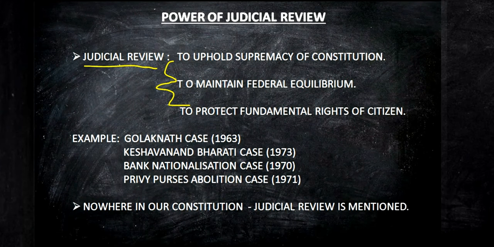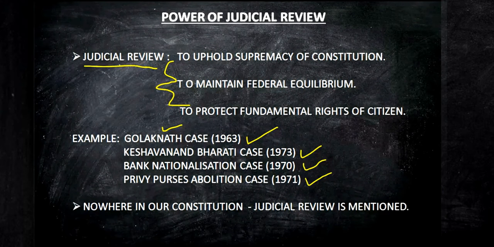Yes, there are many incidents. In 1963, the Supreme Court used the judicial review power and decided the case which is called the Golaknath case, and a similar case is the Kesavananda Bharati case, which took place in 1973. And in 1970 there was a case, that is the bank nationalization case, and in 1971 there was the Privy Purse abolition case.